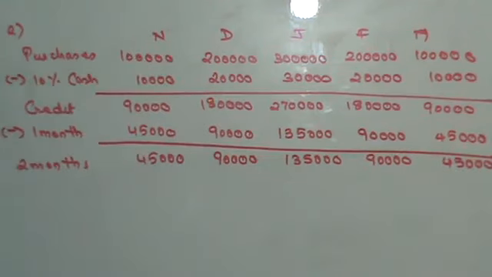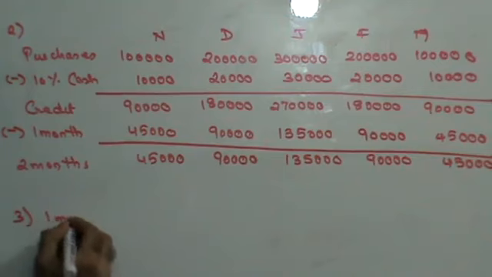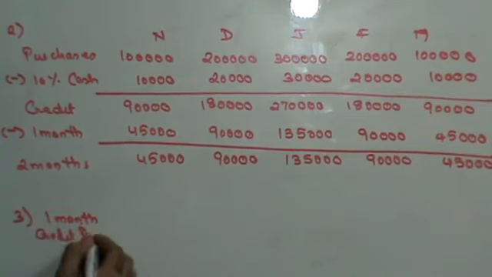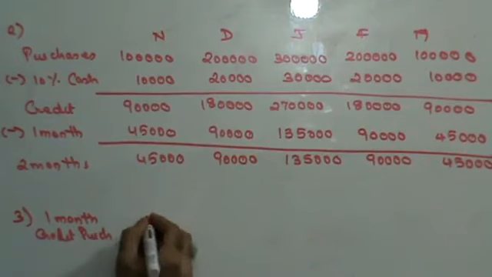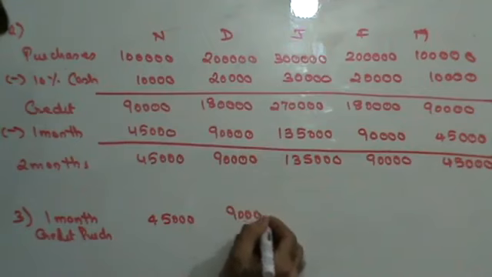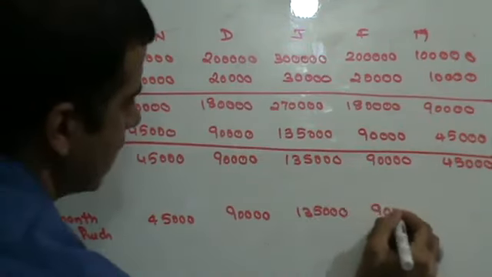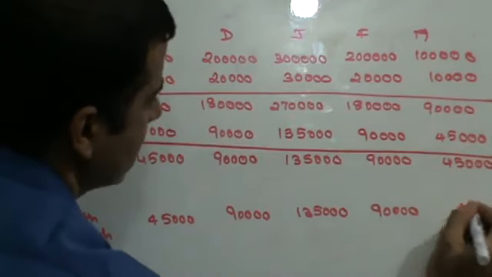Now 1 month credit purchases are subject to 1% cash discount. 1 month credit purchases are 45,000, 90,000, 1 lakh 35,000, 90,000 and 45,000.